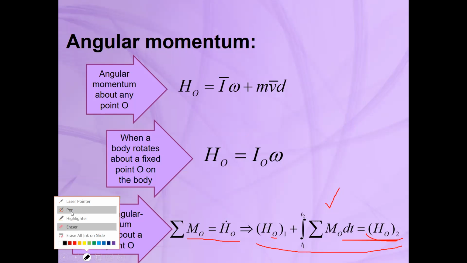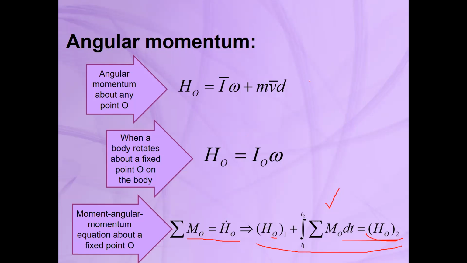Yes, we are calculating the angular momentum about point O. If we call it equation 1 and this one equation 2, which one is suitable to use for this example? Why equation 2? Is it because the body rotates about a fixed point in this example? Here you can see, when a body rotates about a fixed point O. In this example, is the point O a fixed point of the rotation?